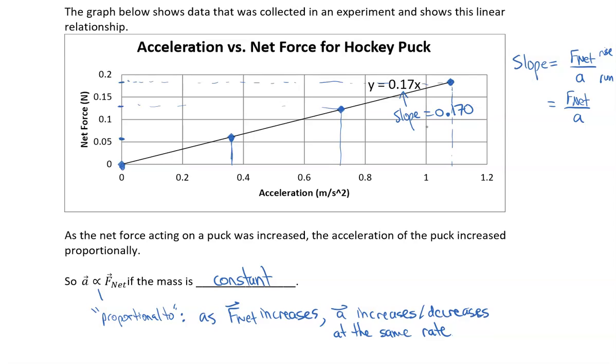That means the slope, which we found to be the mass of the puck, is the m, is the mass. This is how we get Newton's second law. This is the equation that represents his law. We're going to rearrange this equation and do some math around this today, and we're going to put some vectors, obviously, on the net force and the acceleration, but we're going to just see how this rearranges and how this works out.